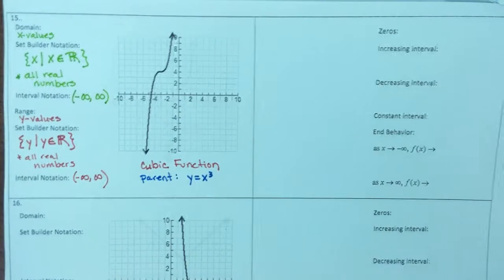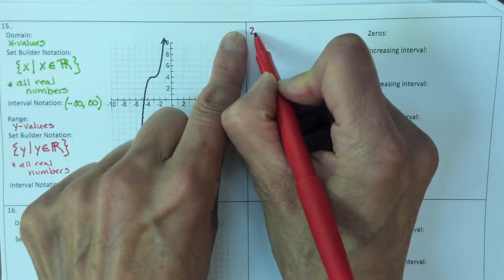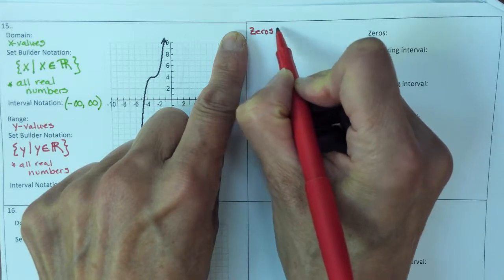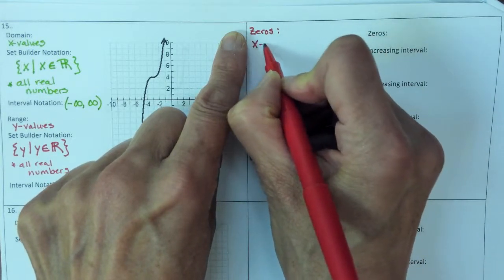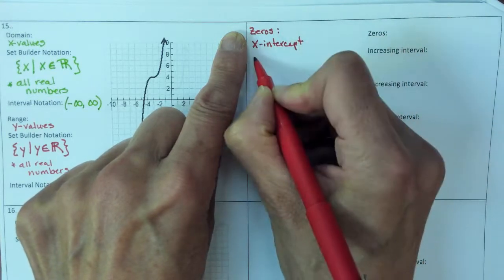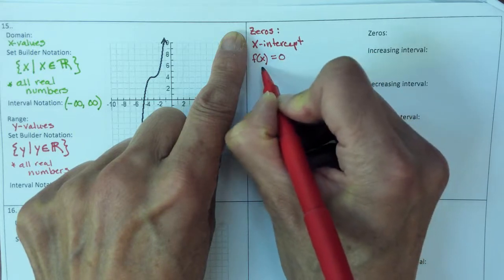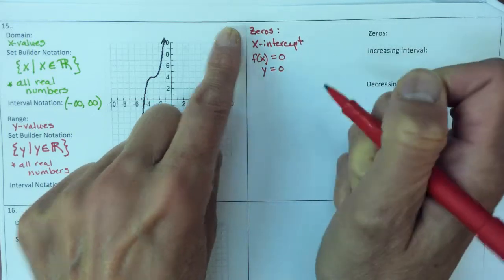So let's talk about zeros. Again, zeros. Let's write this down. Zeros. That means our x-intercept. That's where our function equals 0, or our value of y equals 0.